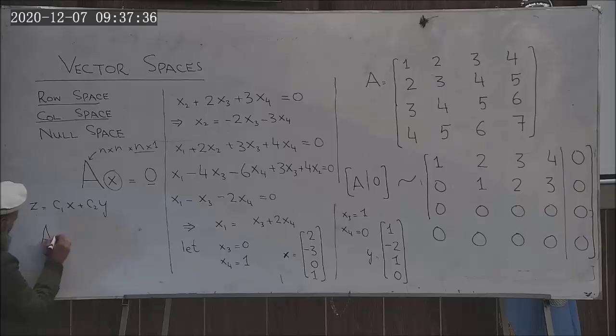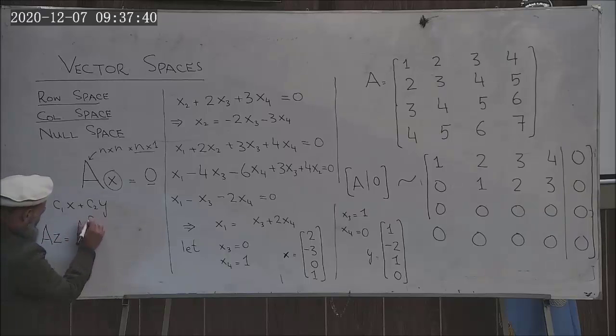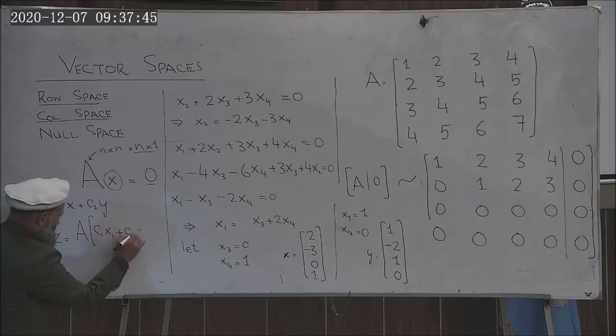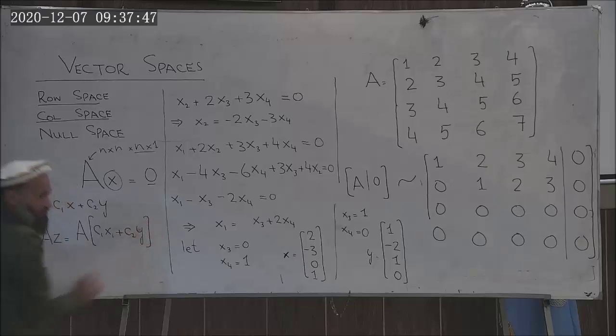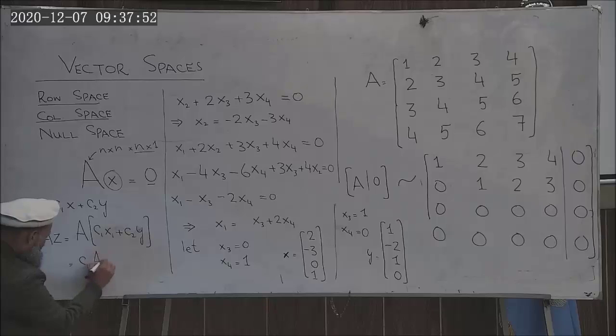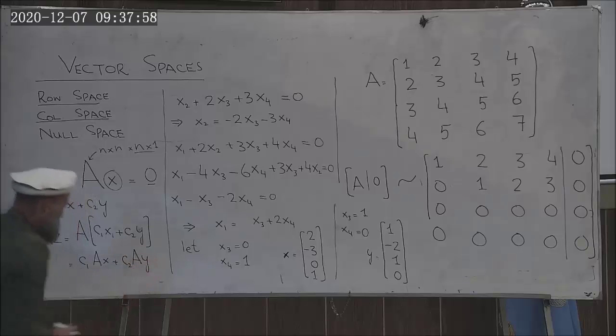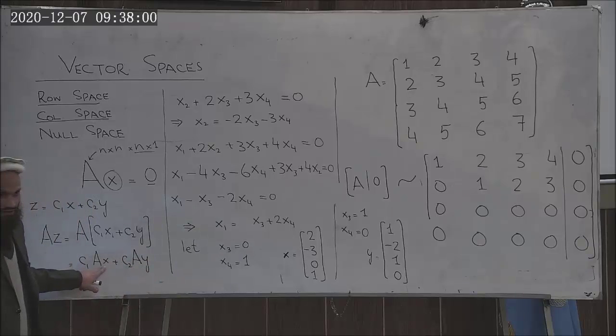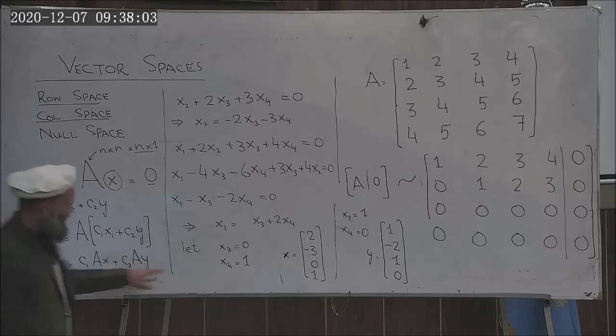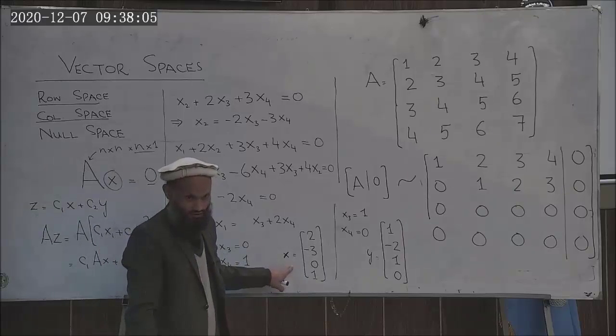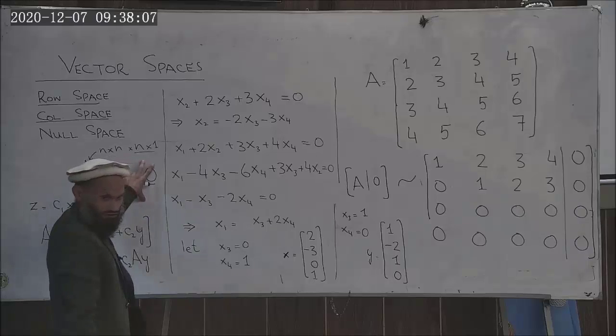So A multiplied by z, what is that? A multiplied by c1x plus c2y, which is equal to c1Ax plus c2Ay. What is Ax? 0, because this x is a solution. It satisfies this equation.